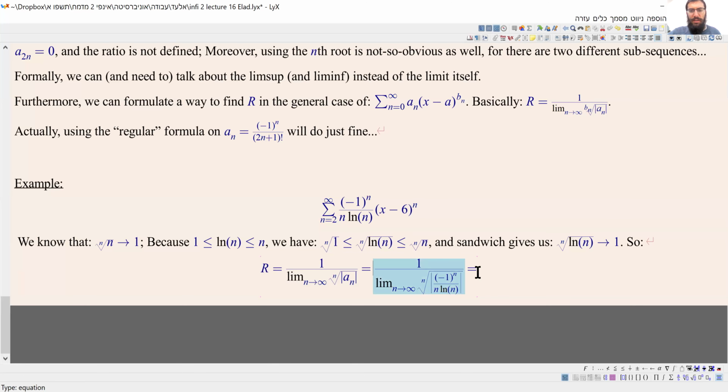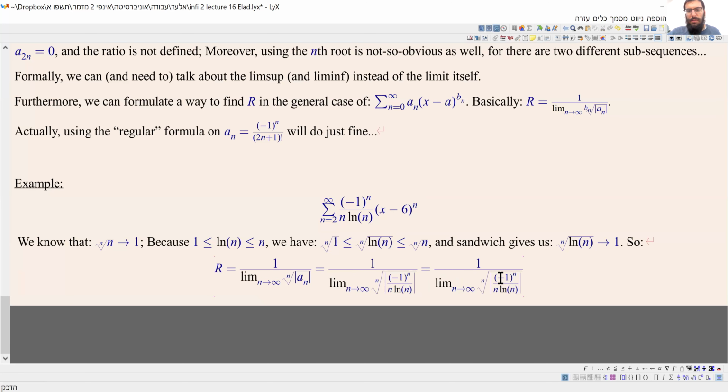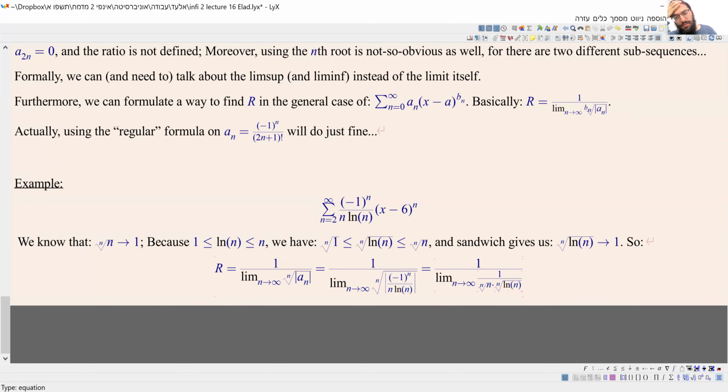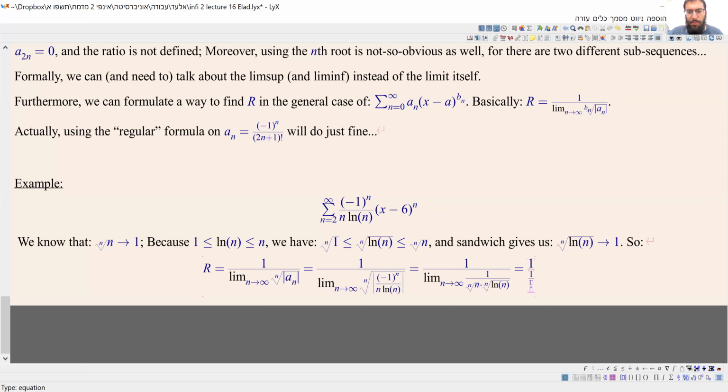It is 1 above the limit of the nth root of n multiplied by the nth root of ln n. Again, the minus 1 fades away because of the absolute value. And they all go to 1, as we've already mentioned and proved. So 1 above 1 multiplied by 1, which is 1.